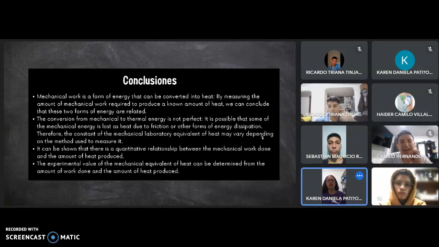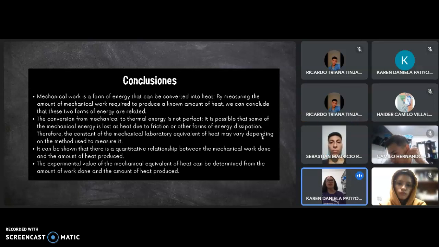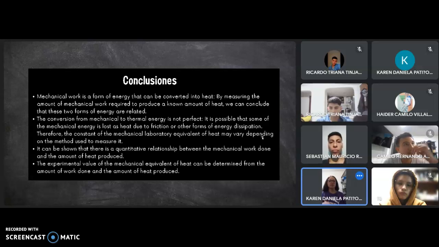Number 4, the accuracy of the mechanical heat equivalent measure depends on the accuracy of the temperature, mass and heat measurements, as well as the accuracy of the applied force. Therefore, it is important to use accurate or properly calibrated measuring instruments to obtain an accurate measurement of the mechanical heat equivalent.